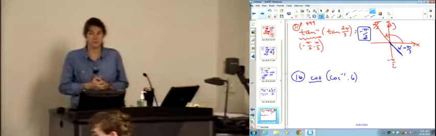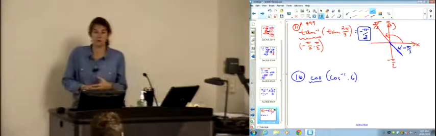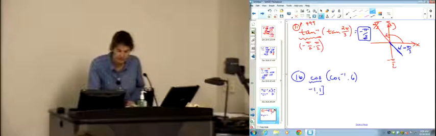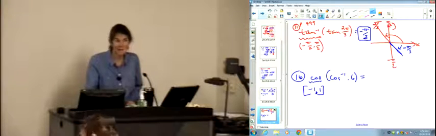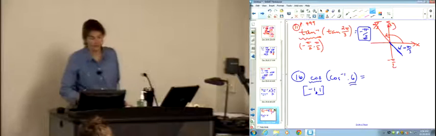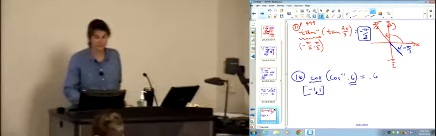What's that? Negative 1 to 1, right. Negative 1 to 1 is what we're looking within here for this part. So as long as that value is from negative 1 to 1, then that's going to be our answer here.